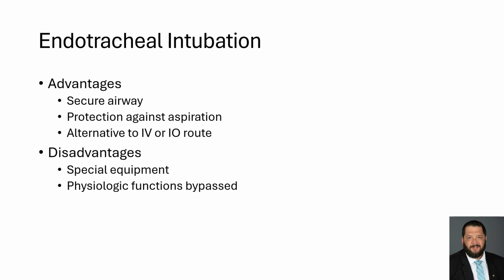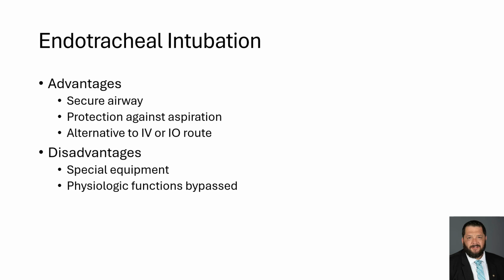Some of the advantages of endotracheal intubation. This is the only definitive way to secure an airway. If you will recall some of our basic airway discussions, we talked about devices like OPAs and NPAs, which facilitated moving the tongue away from the posterior pharynx or oropharynx area, and tools like BIADs help deliver ventilatory support, but none of those fully protected the airway to ensure that the patient had an adequate patent airway directly into the trachea.